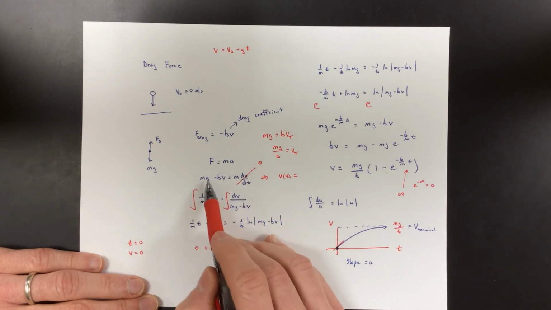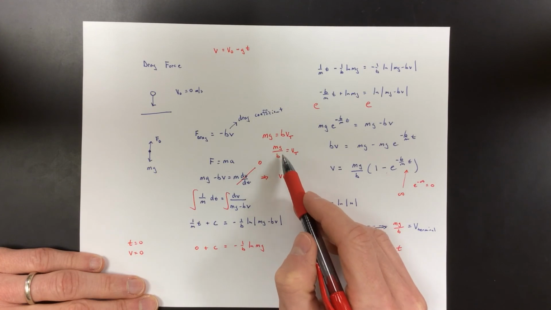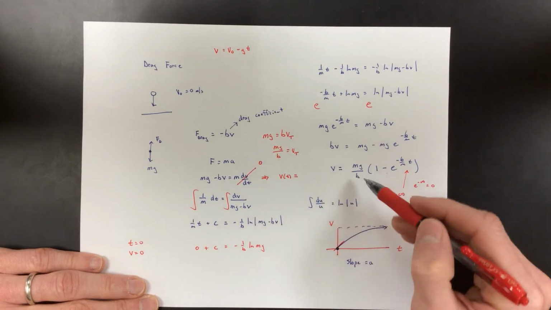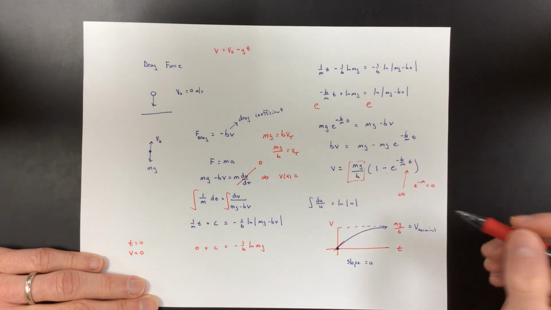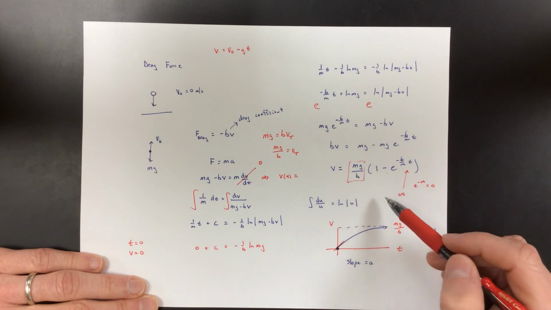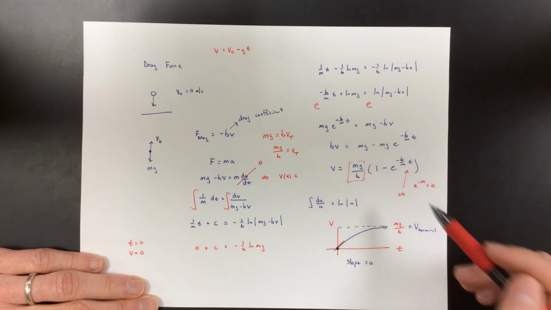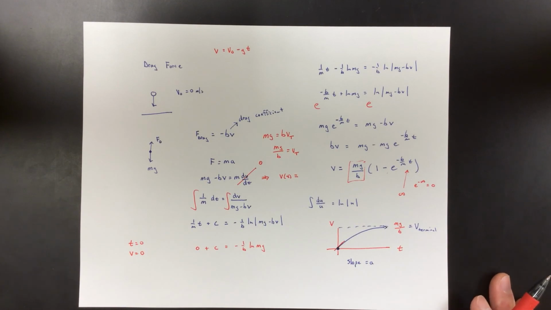Well, this is a true statement when these two are equal, and so the terminal velocity is just mg over b, which does satisfy the same thing we say over here. That coefficient out front is the terminal velocity, meaning it's the biggest that function ever gets. And it does happen at t equals infinity, or probably even 10, 20 seconds in the real world.